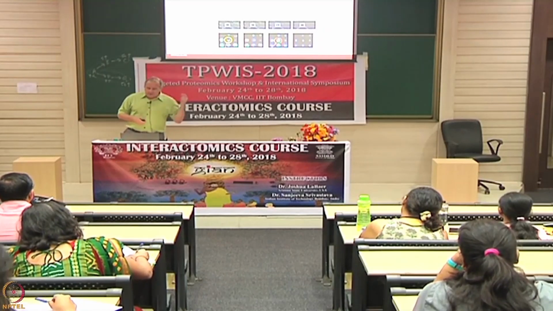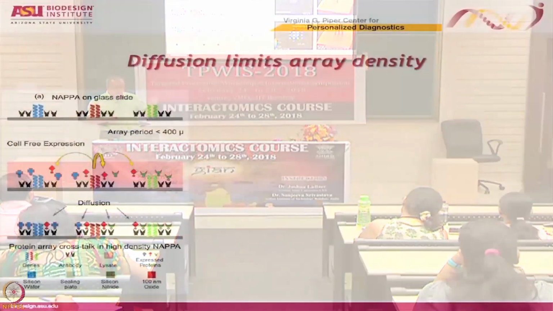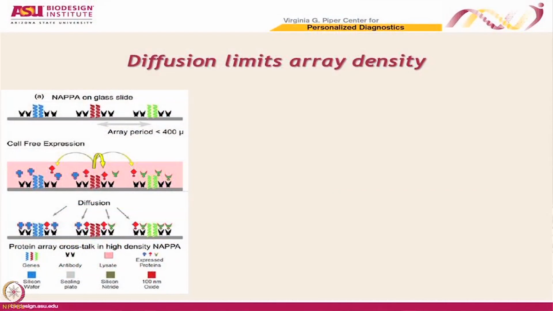Okay. All right. So we talked about this a little bit earlier in the course. A couple of people asked the question about protein diffusion. And so what do I mean by protein diffusion? Well, here are 3 spots on the array, kind of in a cartoon. And here you see the DNA for each of these genes.